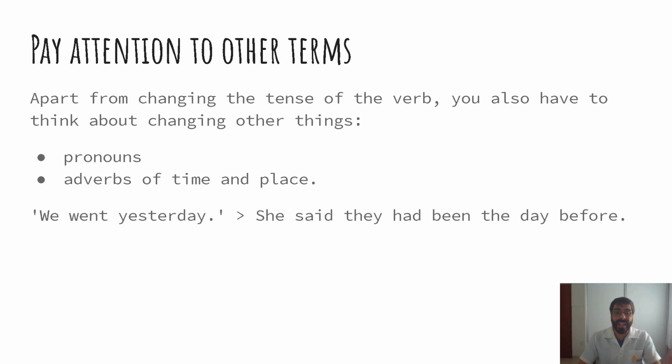So, "We went yesterday." I'm reporting it days later, for example. So, when I report, she said that they had been the day before. As you can see, simple past becomes past perfect, and yesterday becomes the day before.